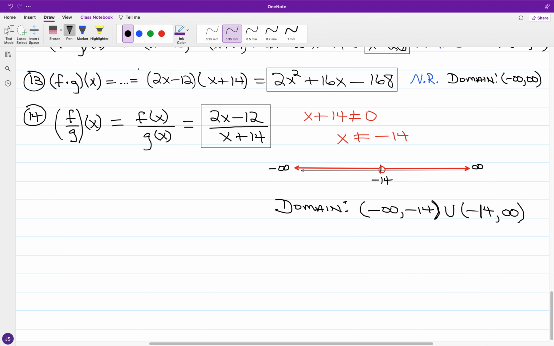Now, for what we have in the case of the composition of functions, the domain is going to go by somewhat different requirements. Again, we have f of x equal to 2x minus 12, and g of x equal to x plus 14.